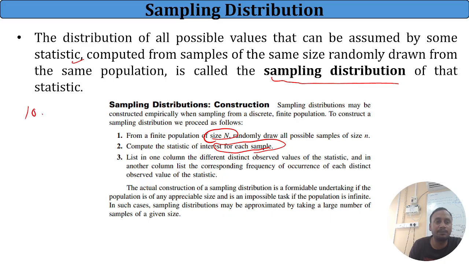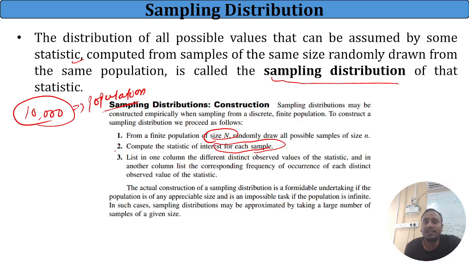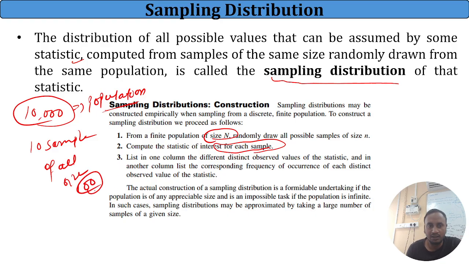Let's say we have 1,000 as the population. Now we take all possible samples of size n. We'll take 10 samples, each of size 100, and draw a histogram.